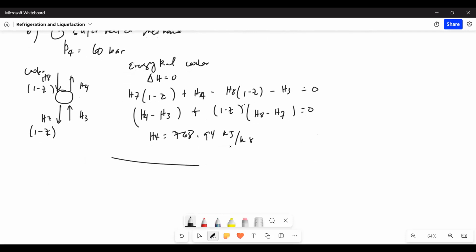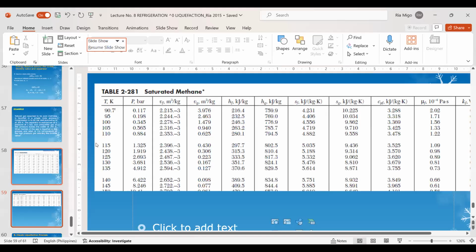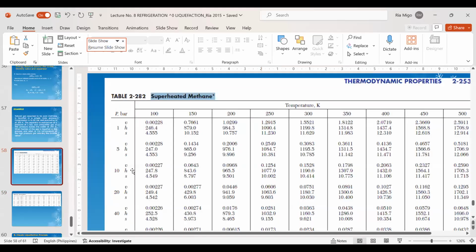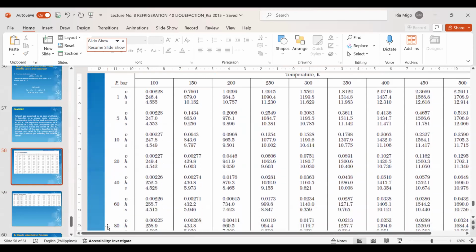So now we have another property, H4, and we have P4. Can we read now from the superheated table of methane? Yes, we have two properties. So let's go to this table, 6 to 60, and find the H. That is 768.